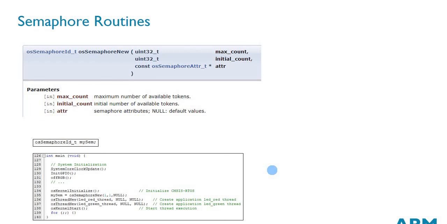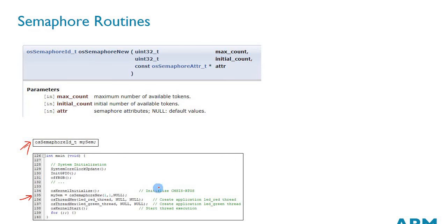So in our RTX, we have these constructs to use. As you can see over here, in this sample code, you first create a semaphore ID, similar to Mutex ID. These are all global, and subsequently I create a new semaphore.